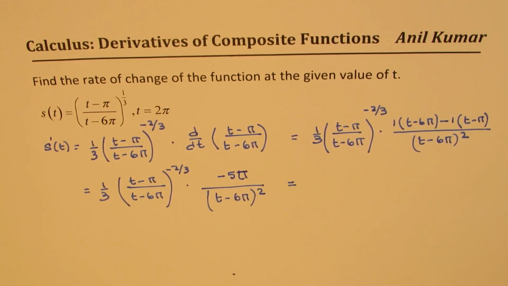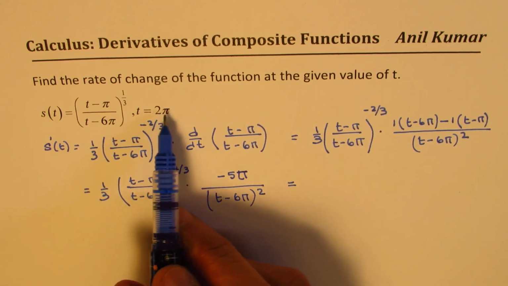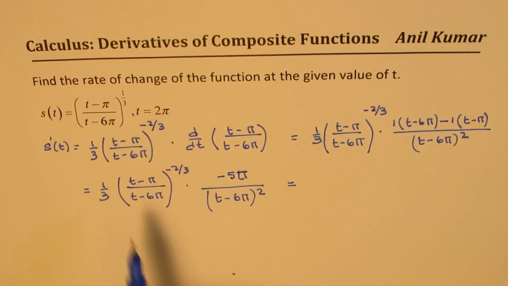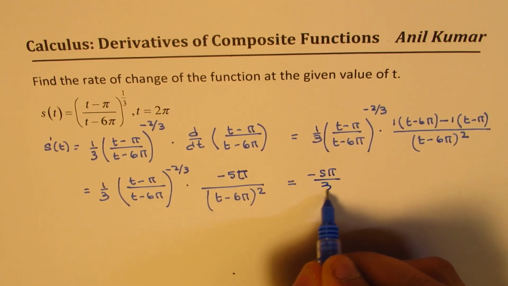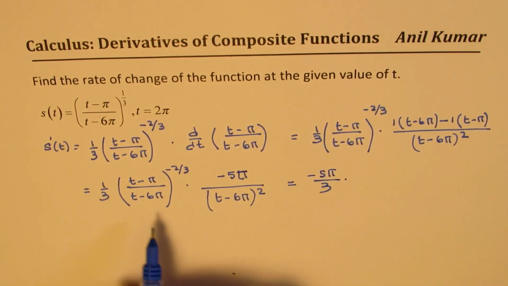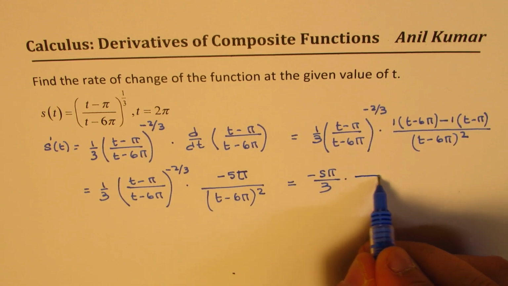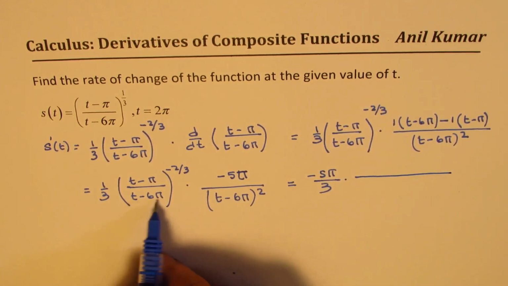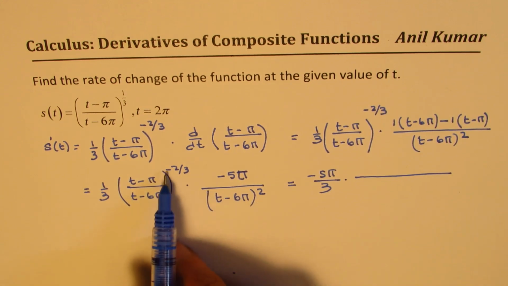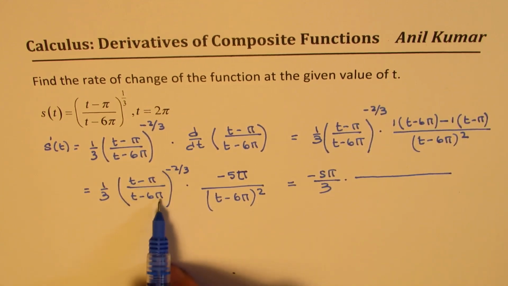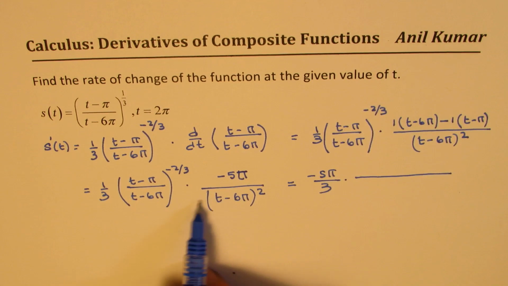So let's try to simplify this before substituting the value 2 pi. So what we have here is minus 5 pi by 3, right. Now we have in the denominator t minus 6 pi, so we have 2, and that is to the power of minus, so they get actually added up in the denominator.